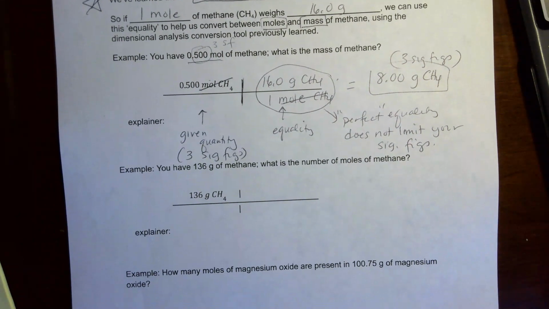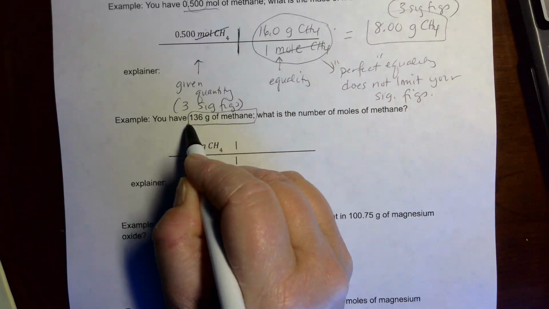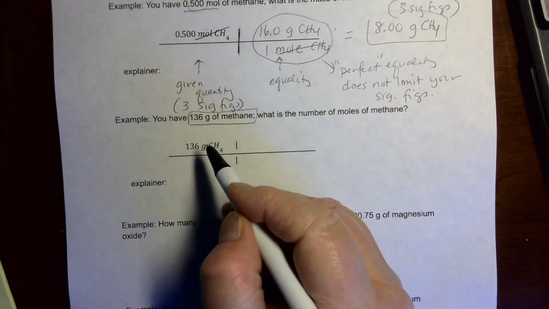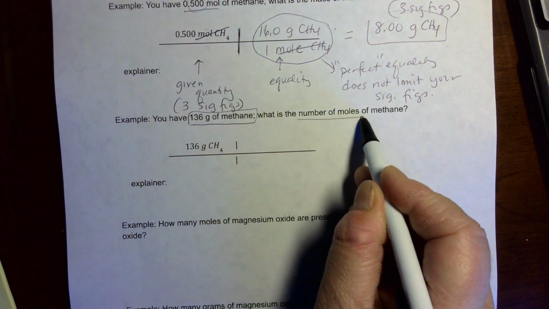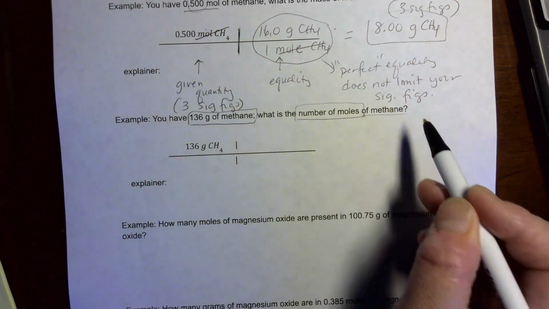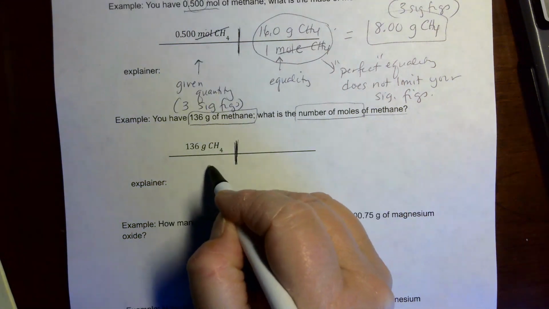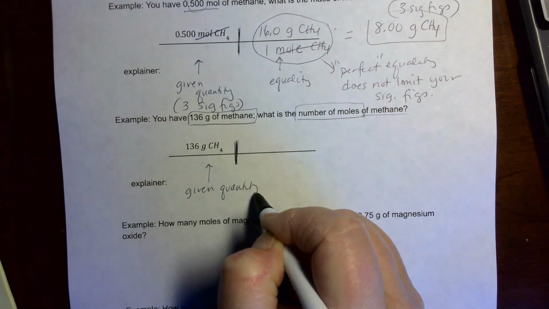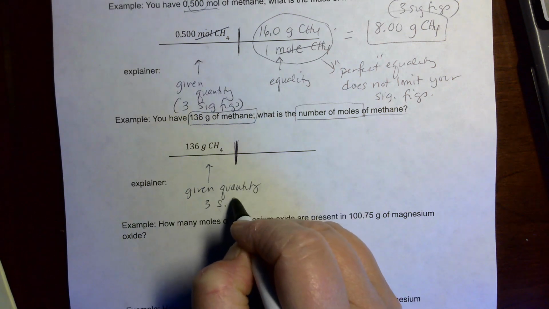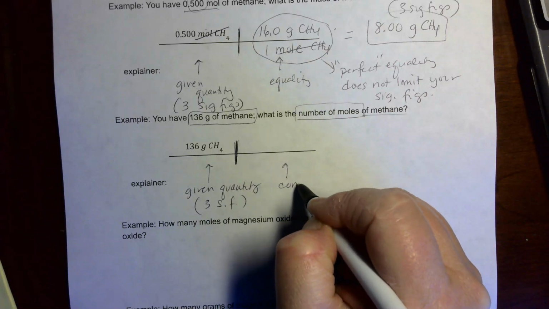Let's try another one. You have 136 grams of methane. That's your given, and you are being asked to find the number of moles of methane. So here we have our given quantity. Notice that it is 3 sig figs. And then this is going to be our conversion fraction.